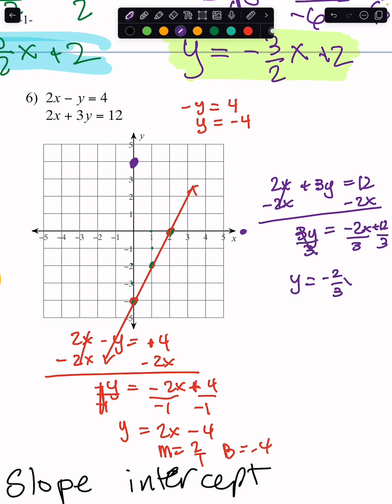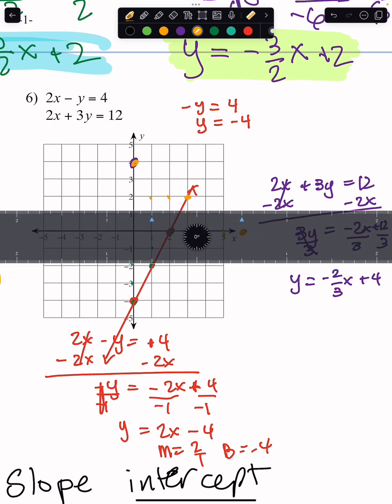I can go down 2 to the right 3. Down 2 to the right 3. That would be there. See? So cover works for sure. It just helps when both of them are, you can do that. Okay?